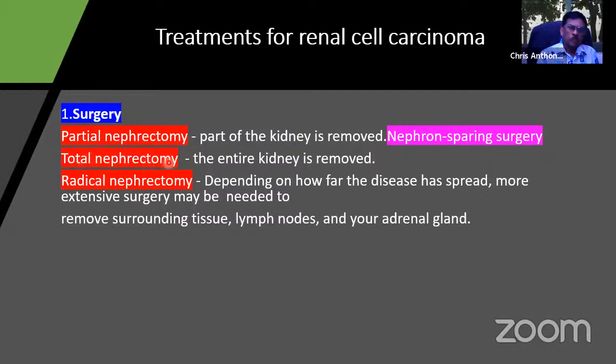Then we have total nephrectomy, where the entire kidney is removed, and radical nephrectomy, where the kidney and the surrounding tissues are removed. Depending on how far this disease has spread, more extensive surgery may be needed to remove the surrounding tissue, including the Gerota's fascia, the pelvic lymph nodes, and the adrenal gland.